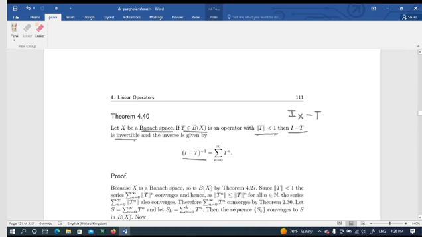I means the identity function from X to X. When the norm of T is less than 1, then I minus T is invertible, and the inverse of I minus T is the series sum of T power n from 0 to infinity.